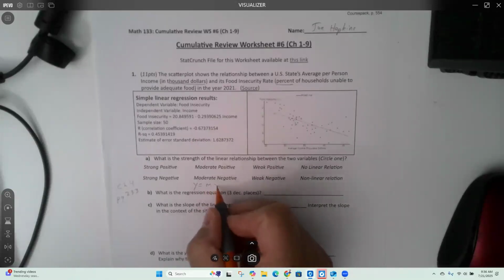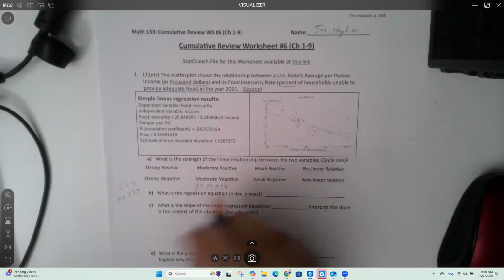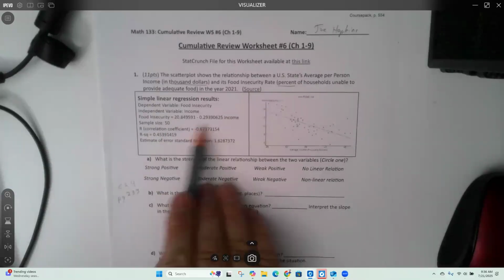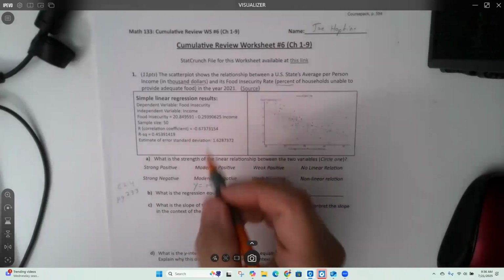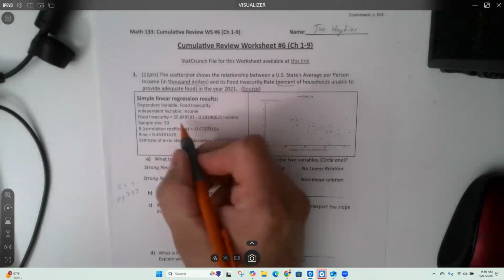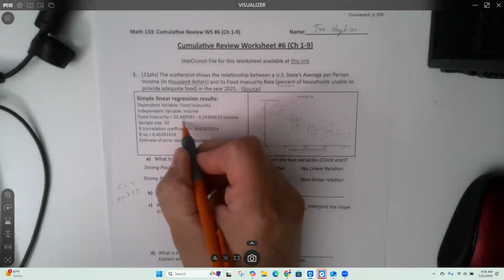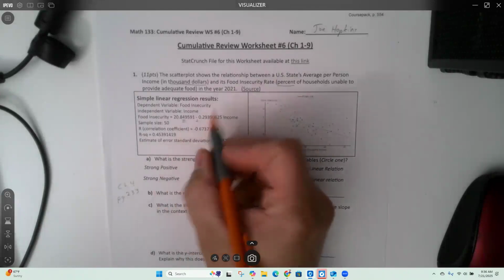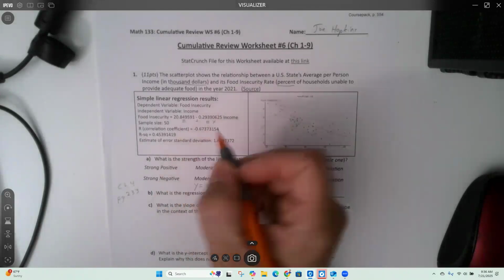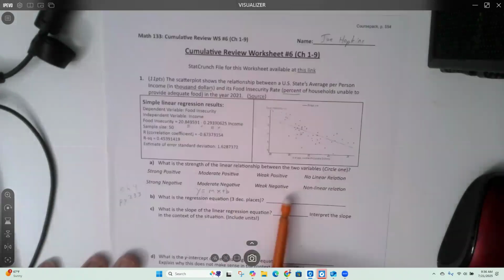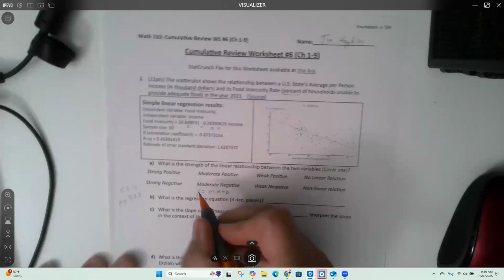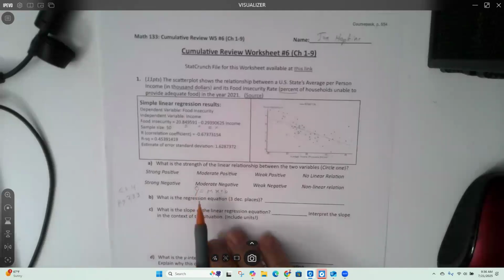You can write mx plus b, but StatCrunch always gives it to you the other order, a number plus or minus a number times your x. I'm fine either way that you write it. And this is our y hat, right?